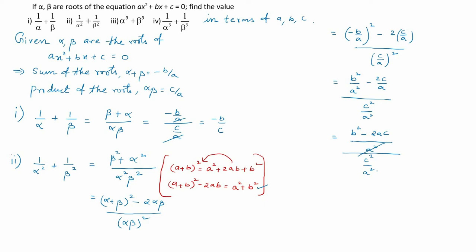So by a² we can cancel. We have (b² − 2ac) divided by c². So this is the value of your second term: 1/α² + 1/β² is (b² − 2ac)/c².